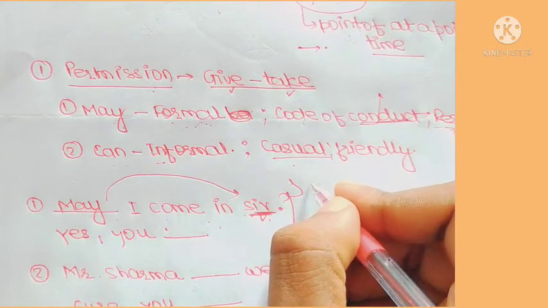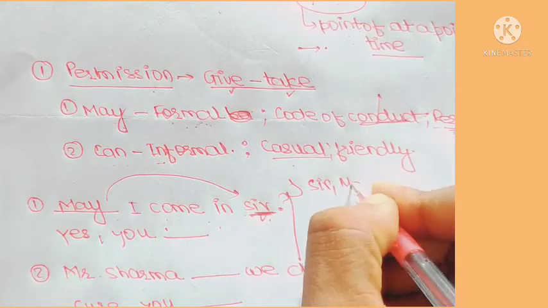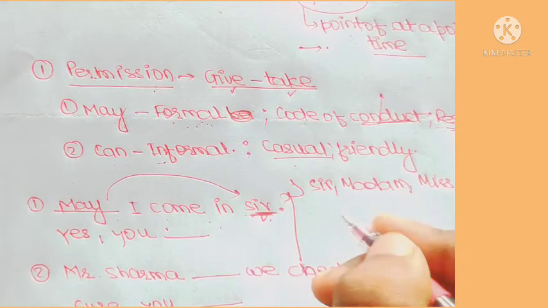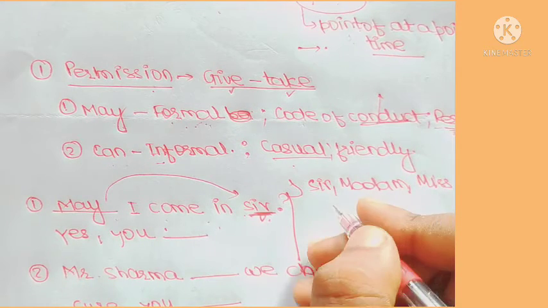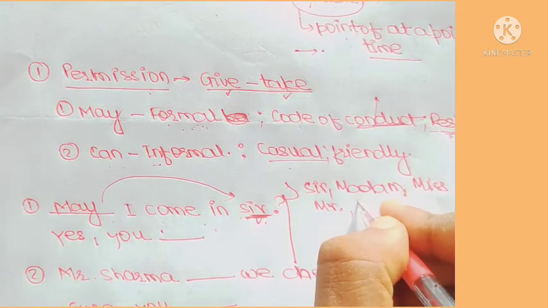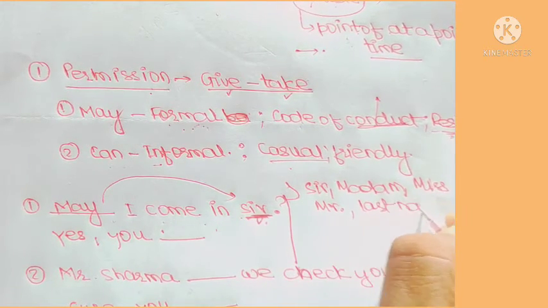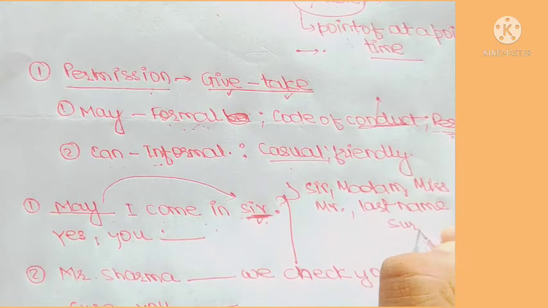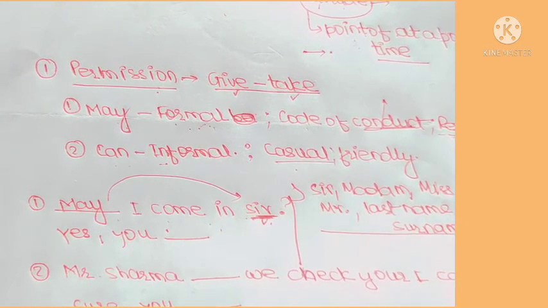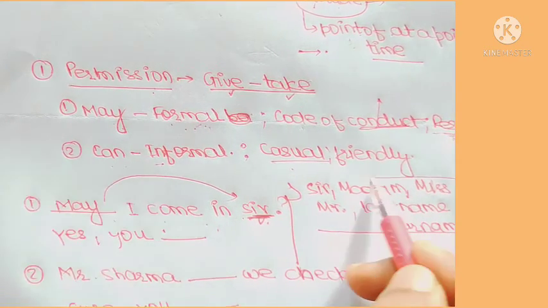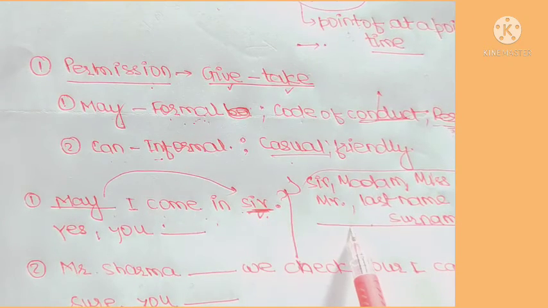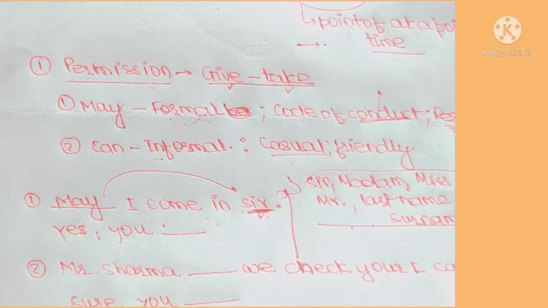You can say sir, madam, miss, Mr. with some last name, surname, right? So if you are able to find these words in any sentence, then you will have to behave yourself formally, because this shows that you will have to show your respect.